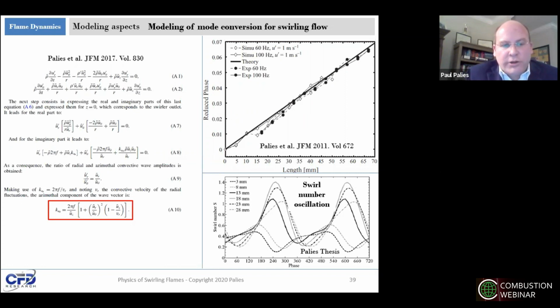And as you know, the swirl number includes both the azimuthal and the axial velocity, so that modulates the swirl number. And this is what you can see on the bottom right of the slide. You see a swirl number oscillation that is occurring, and which impacts the flame angle of the system.